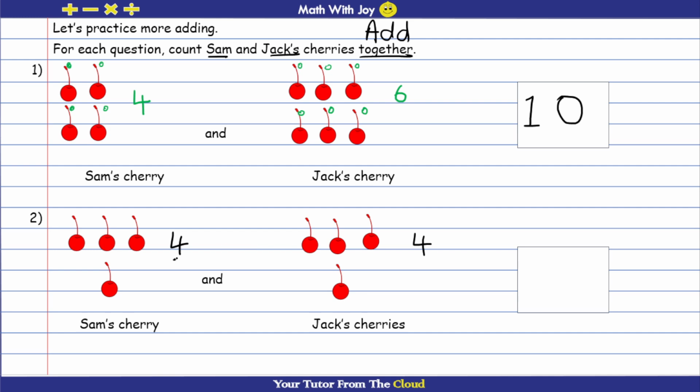Now what number will you get if you take 4 and 4 and put them together? So add them. Now to find that answer, you have to count the cherries all together. So we count 1, 2, 3, 4, 5, 6, 7, 8. That's how you add 4 and 4 together, and the final answer is going to be 8.